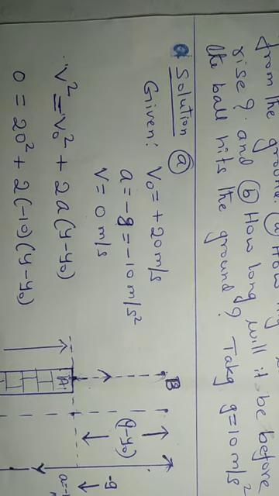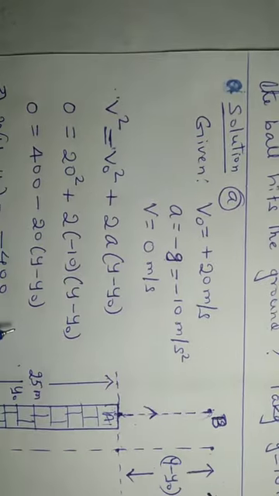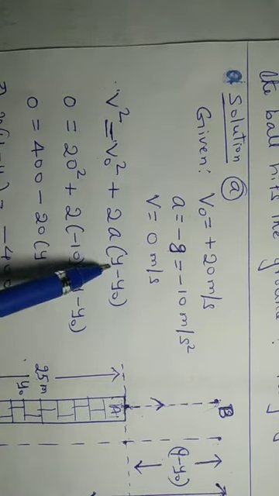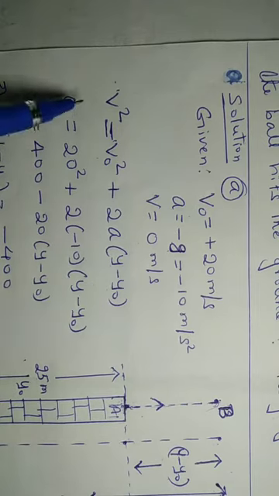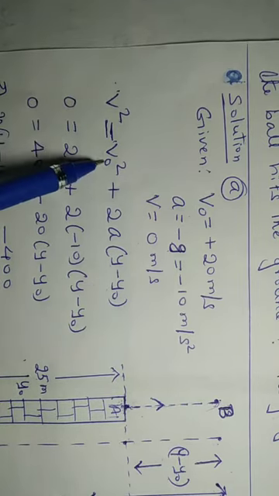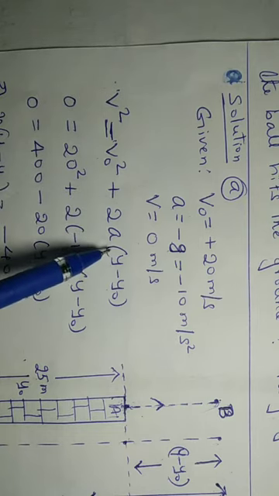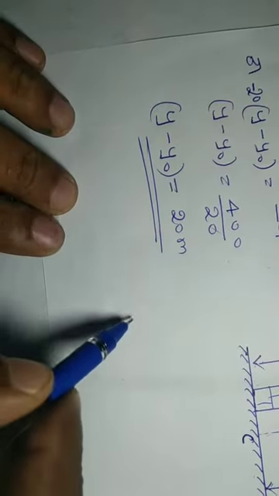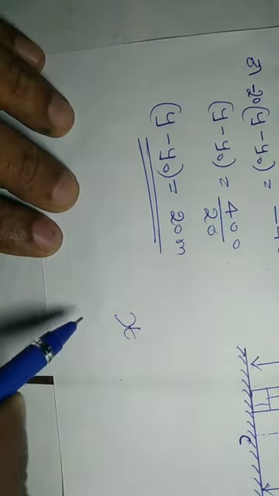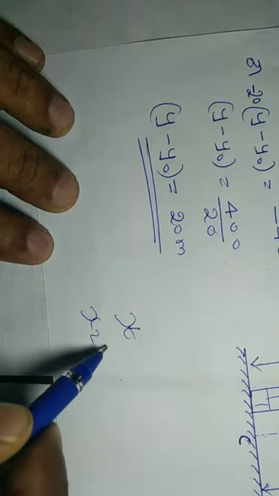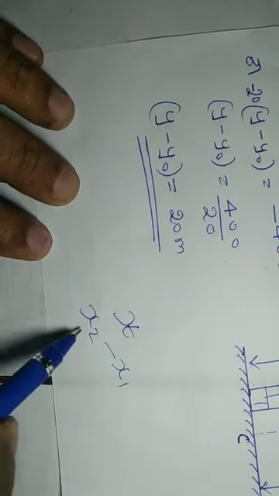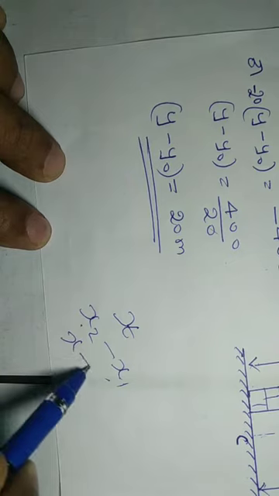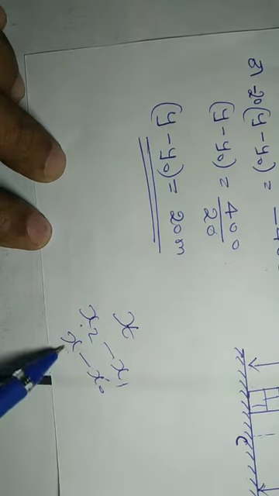In this case we need this distance A to B, which is nothing but y minus y0. So we can use this equation: v square equals v0 square plus 2a into y minus y0. You have learnt in the kinematic equation v square equals v0 square plus 2ax. What is x? x is the displacement, that is x2 minus x1, final position minus initial position, or we can write it as x minus x0 in the x-axis.